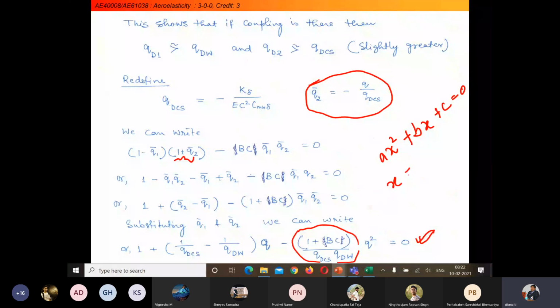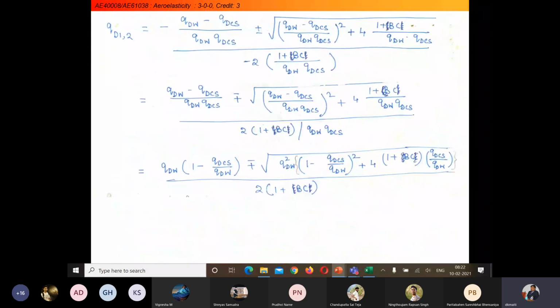I have taken it that way and we have obtained the value of QD1,2 as minus QD wing minus QD control surface divided by QD control surface, plus minus square root of b square minus 4ac, so it becomes 4 into (1 plus BC by QD wing) divided by (1 plus BC divided by QD wing) into QD control surface, and this is with this term minus 2 into (1 plus BC by QD wing) by QD control surface.